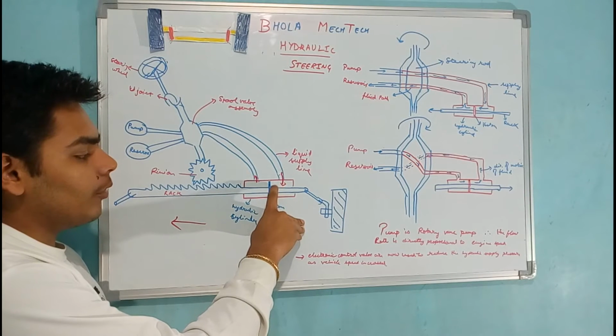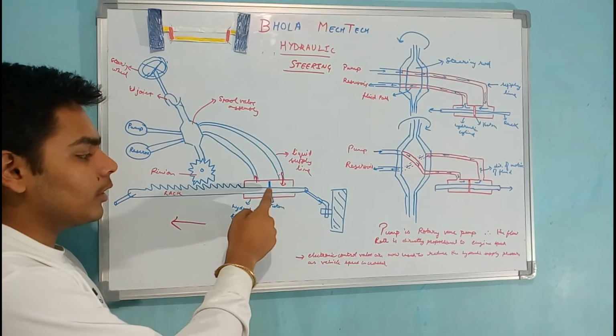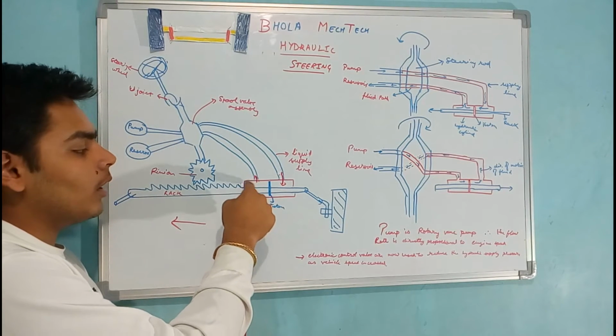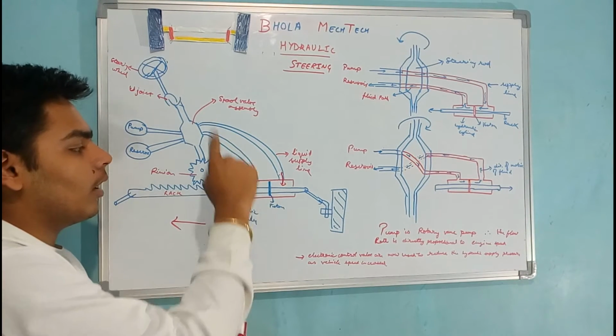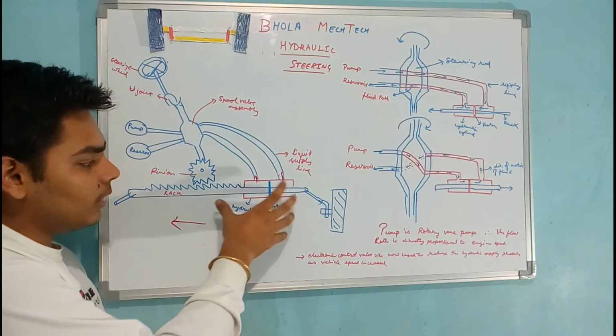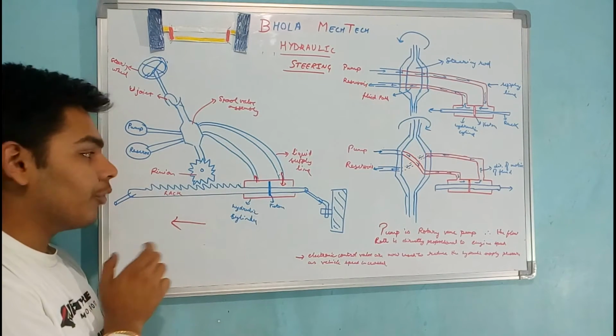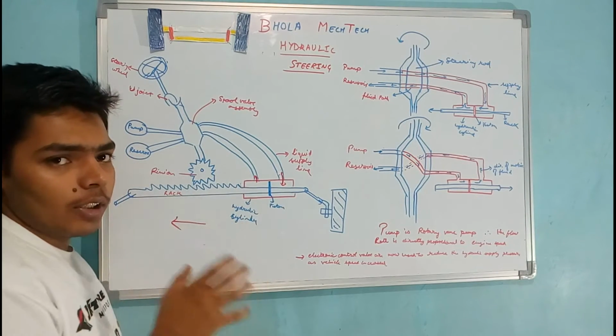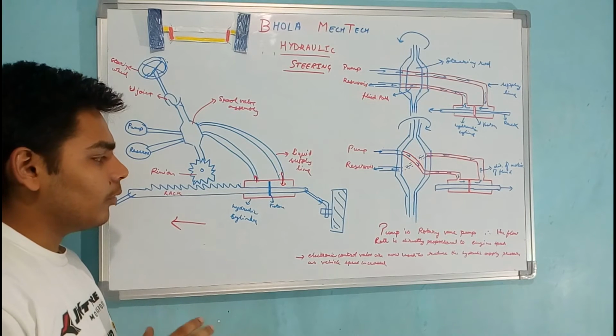This pressurized fluid will exert some force on the piston in this direction, and the fluid on the other side will flow out towards the reservoir. So this is also assisting the force applied by the driver. In this way the hydraulic steering system works.